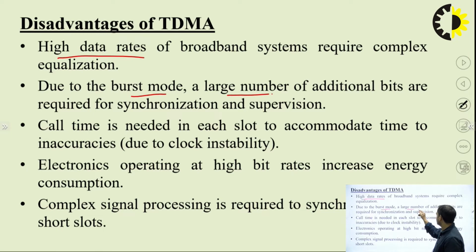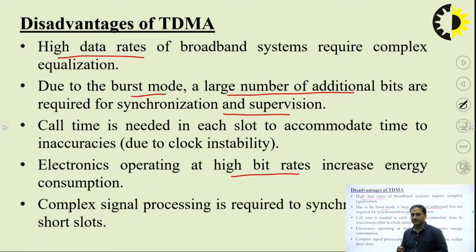A large number of additional bits are required for synchronization and supervision as well. In the TDMA system, synchronization is one of the very important properties required at the transmitter and at the receiver. Electronics operating at high bit rates increase the energy consumption, because the circuitry is complex.